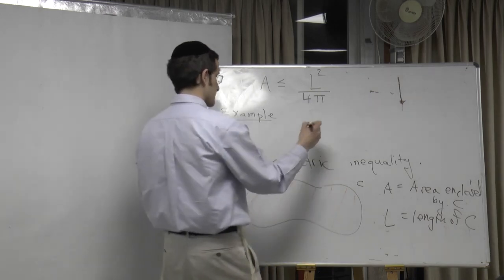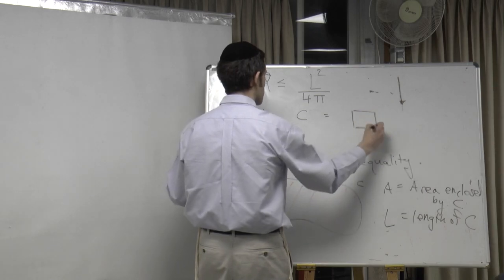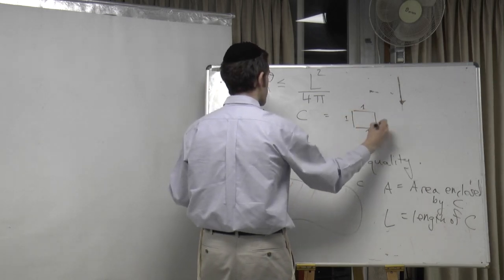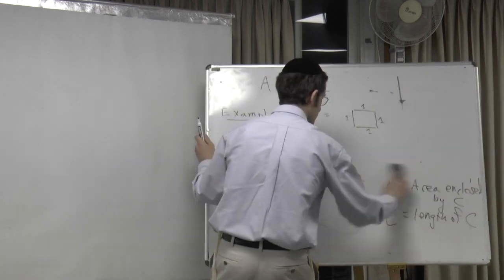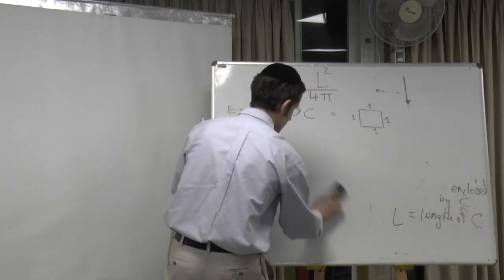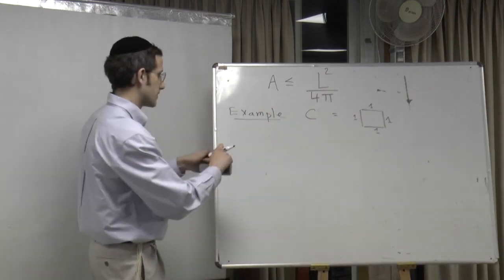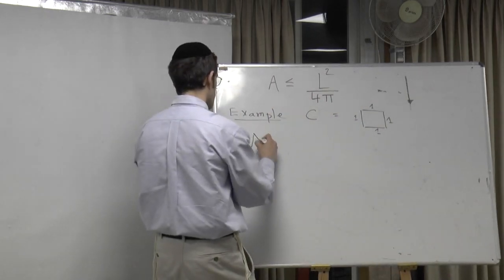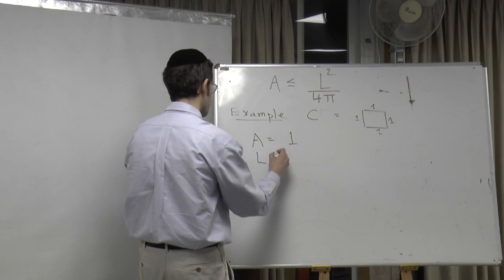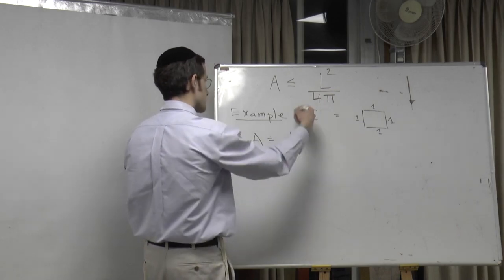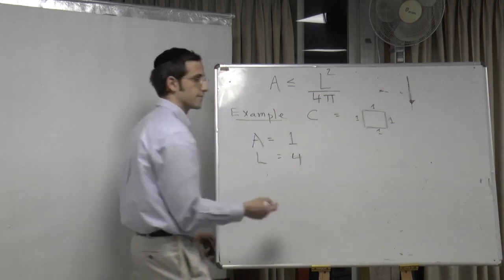Just for example, you could take C to be a square with sides of length 1. The area of a square with side length 1 is 1, and the length of the curve surrounding the square is 4, since you have 4 sides.